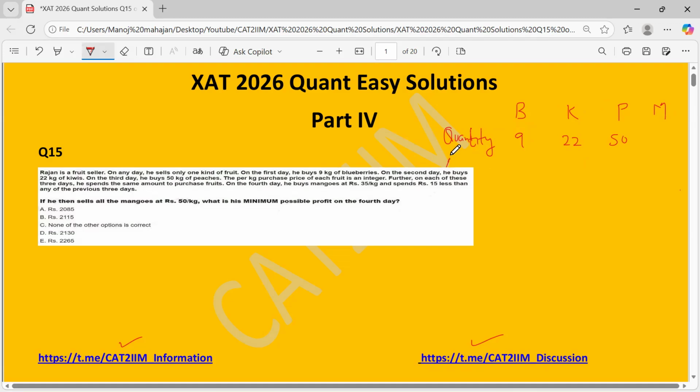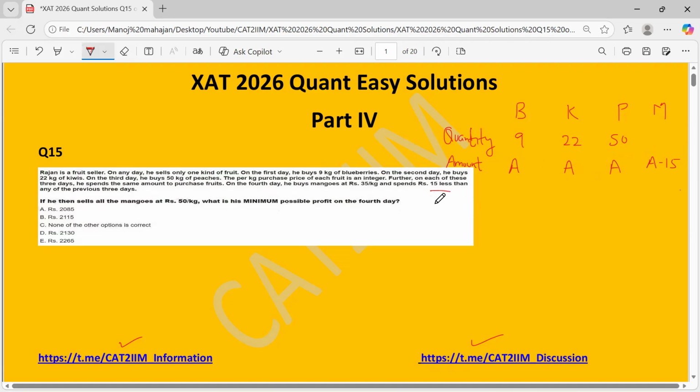Now, amount value is also not given to us, but we'll assume some value in a while as per the problem. So the amount given over here is same. And for the mango, they're saying it is 15 less than any of the previous 3 days. So A minus 15 we have, right?